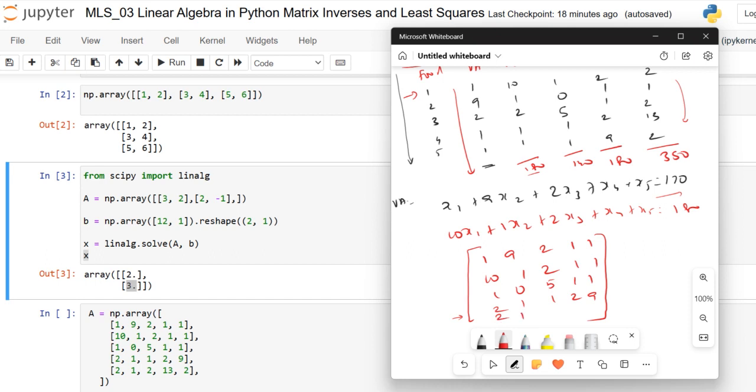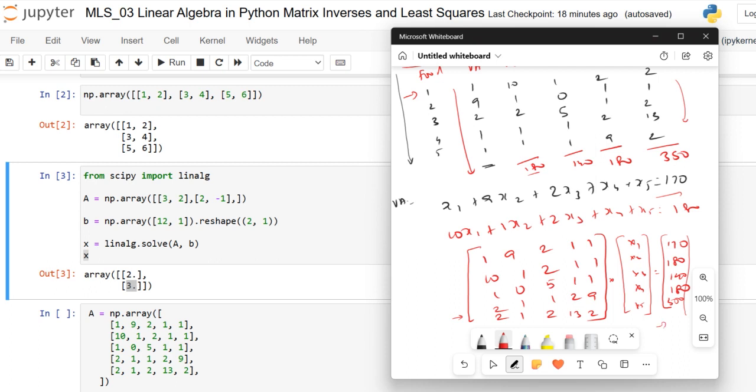And of course we have our vector x1, x2, x3, x4 and x5, and we know the exact units as 170, 180, 140, 180, and last but not least 350. So this is how our vectors look.